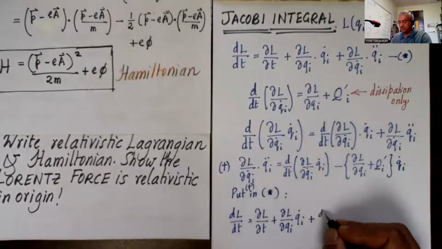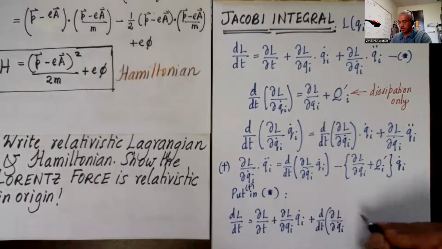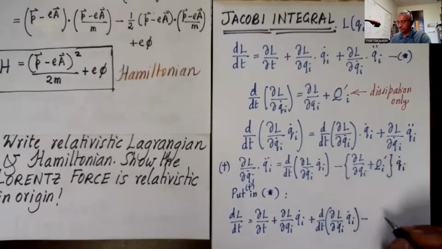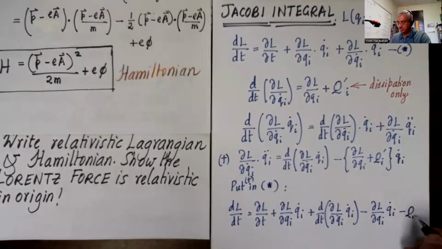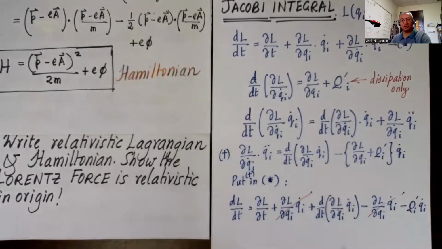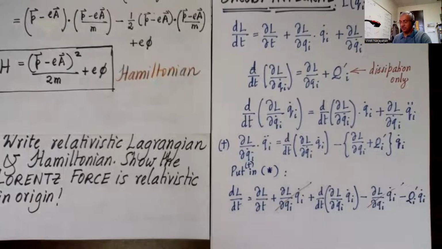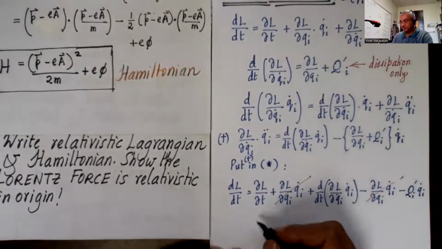So I get plus d by dt of del L by del Qi dot minus, I'm going to parse this out. So that gives me del L by del Qi Qi dot minus Qi prime times Qi dot. Observe, lo and behold, we have a cancellation. These two terms are exactly equal. So now, Jacobi at this point paused and said, what if we don't have any dissipation? No air resistance, nothing. So no dissipation.